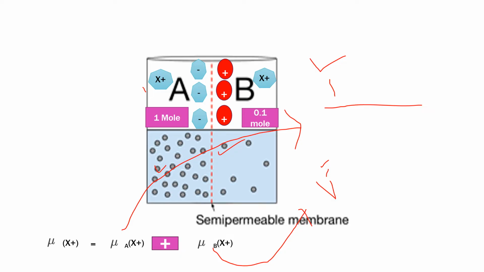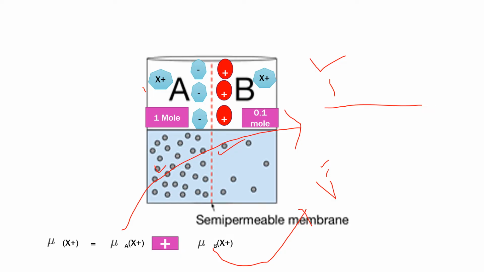The one that is dominant will control the movement of X plus. If the concentration gradient wins, then X plus will move from A to B. If the electrical gradient wins, it will not allow the positively charged X plus ion to move from A to B. So the direction of net X plus movement depends on both the concentration difference and the electrical potential difference.